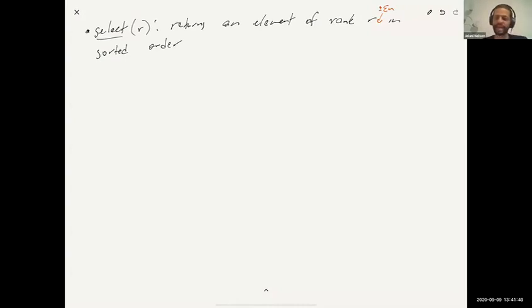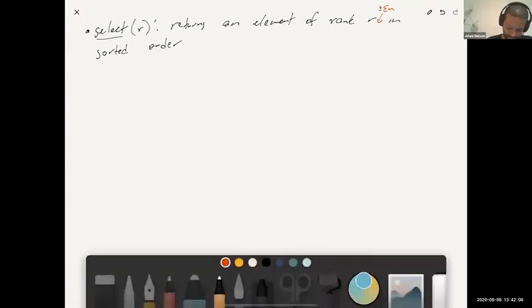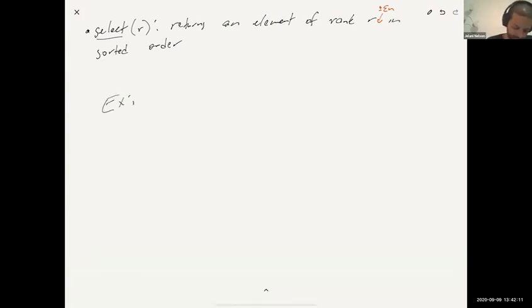Notice that we're not returning an approximation of the value of the number at that rank. Let's say they're numbers. We're just returning something that approximately has that rank. So for example, if the stream looked like 1, 2, 3, and then a billion, a billion here has rank 4.